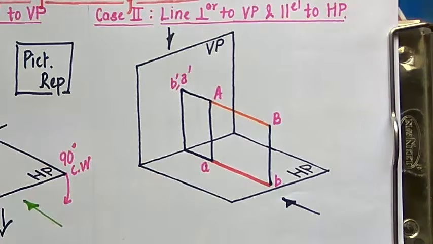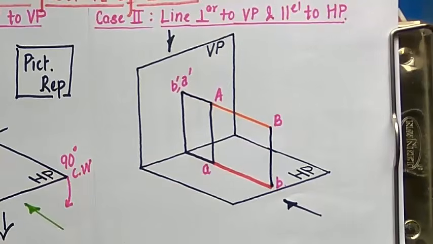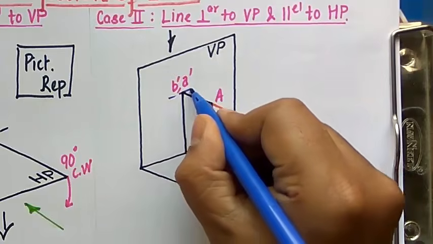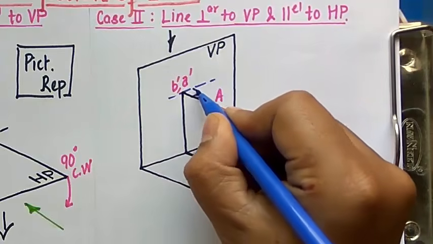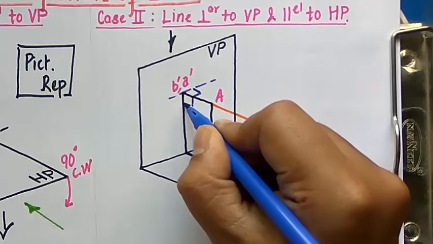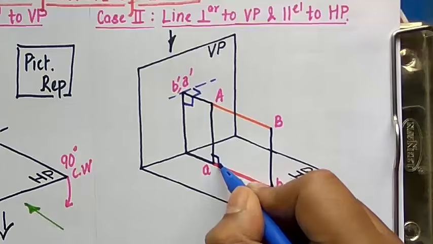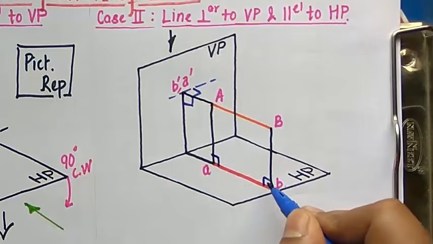As I've already told you, this line over here makes a 90 degree angle with the vertical plane. You can clearly see this. This is what you call the 90 degree angle, right angles with the vertical plane. Even here the projector always makes a 90 degree angle.